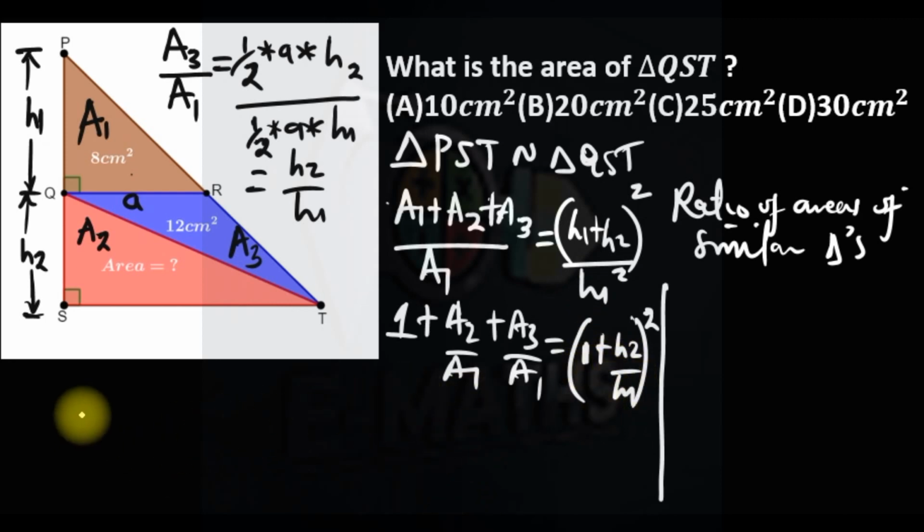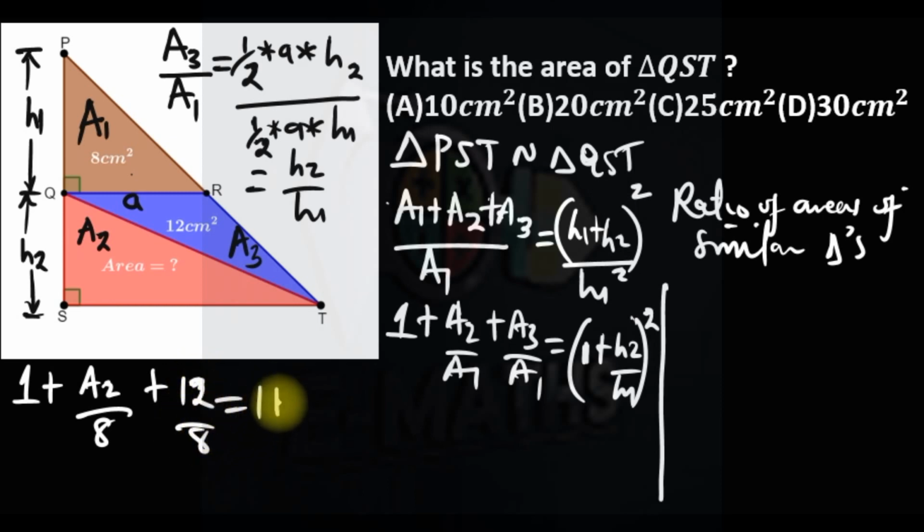So we'll continue. Remember, we had to find A2, that's the unknown here. So we can see that this is 1 plus A2, we don't know A2, over A1 is 8, plus A3 is 12, over 8 is equal to 1 plus H2 over H1, which is A3 over A1, as we can see here.